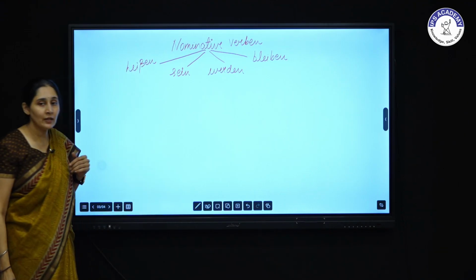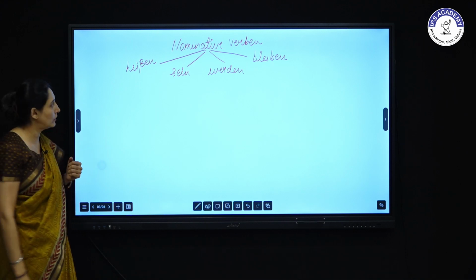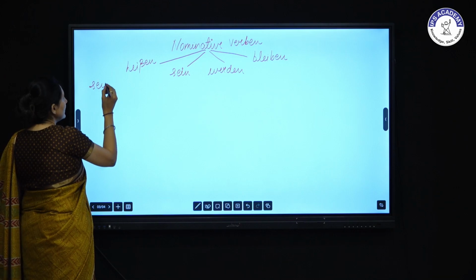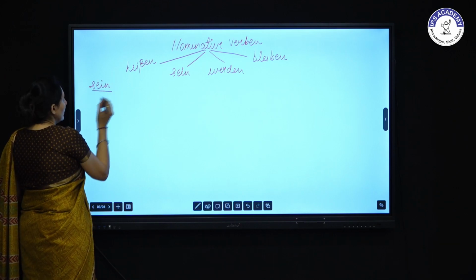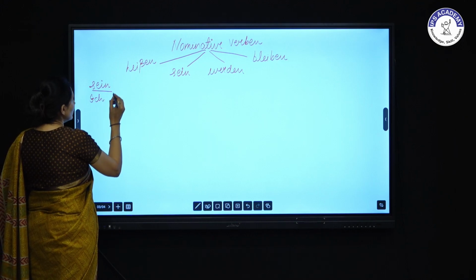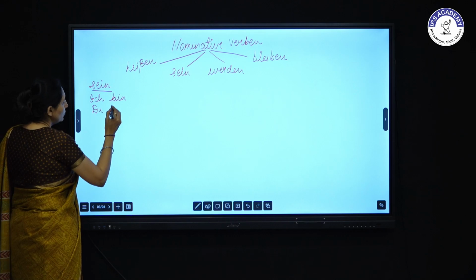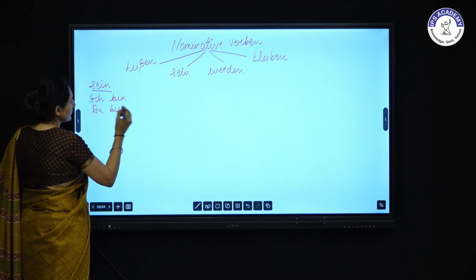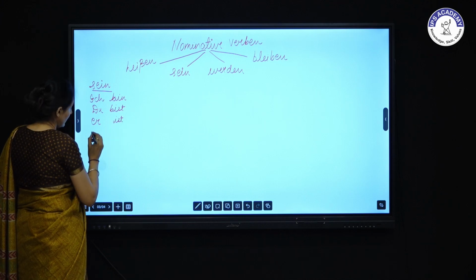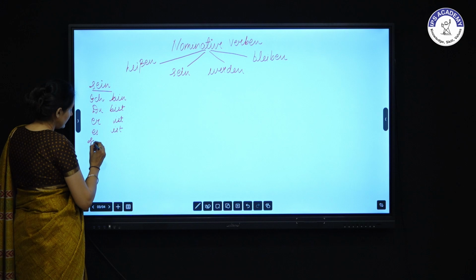Before making sentences related to it, we'll see the conjugation with sein. If I have to say sein, I write my subject and then do the conjugation. Ich bin, du bist, er ist, es ist, and sie ist.